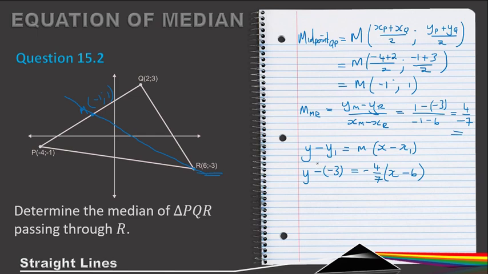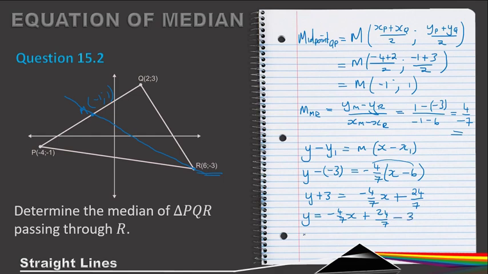And then we just put it in standard form, so y plus 3 equals negative 4 over 7 times x minus 6. Then multiplying this to the second term in the bracket, a minus and a minus becomes a plus. Then 4 times 6 is 24 over 7. And then we just bring the 3 over, so y is equal to negative 4 over 7x plus 24 over 7 minus 3.